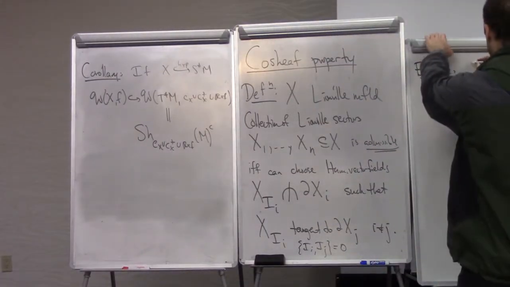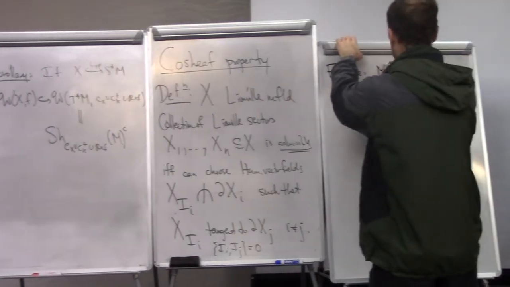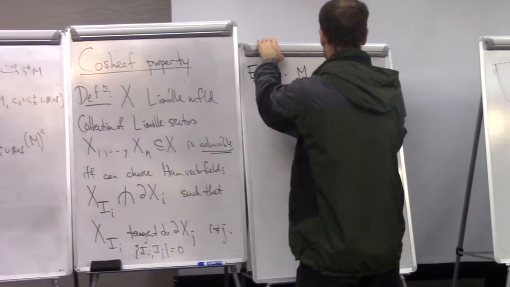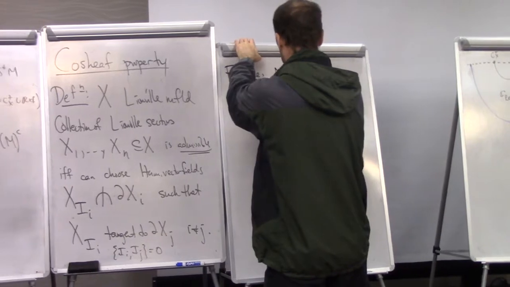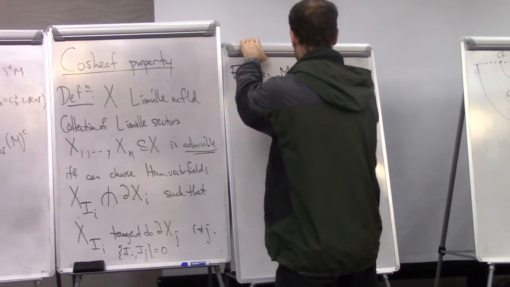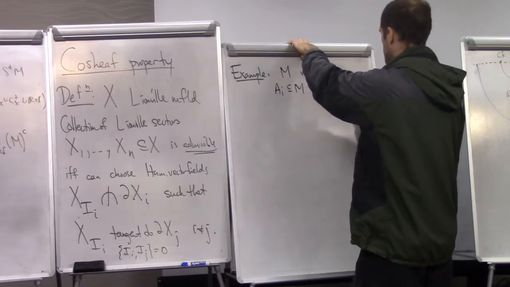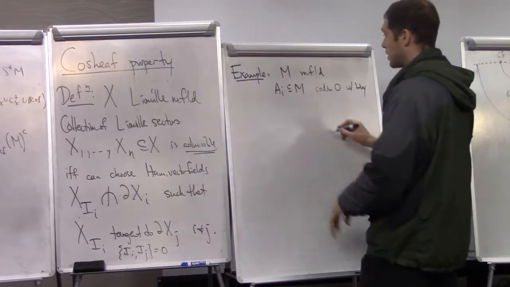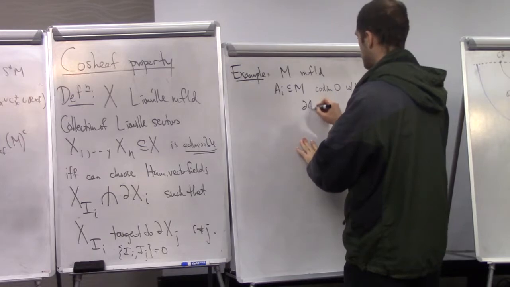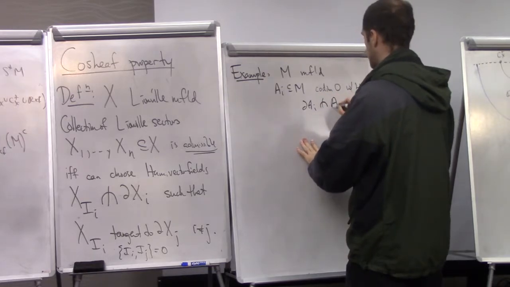So an example is to take any manifold M, and the A_i are codimension 0 submanifolds with boundary, and the boundaries are mutually transverse to each other.